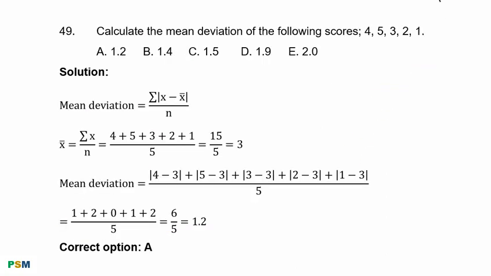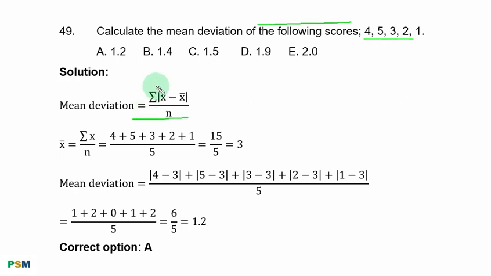Question 49. Calculate the mean deviation of the following scores: 4, 5, 3, 2, 1. Solution: mean deviation for ungrouped data is given by this formula.